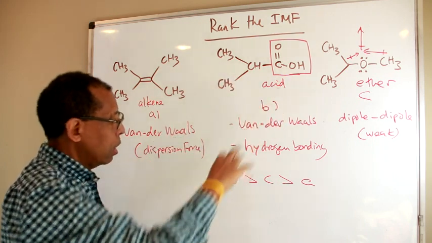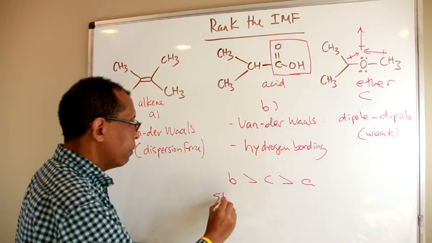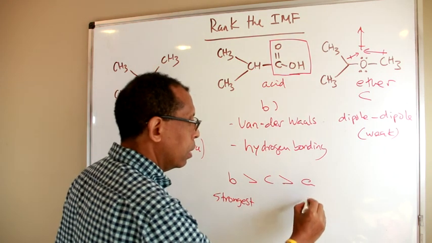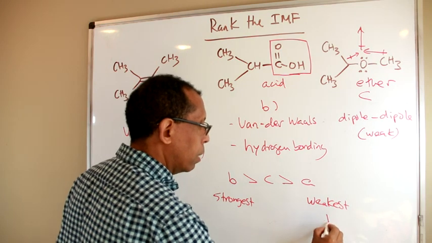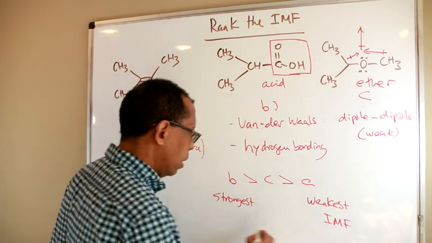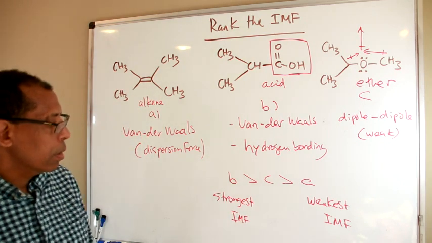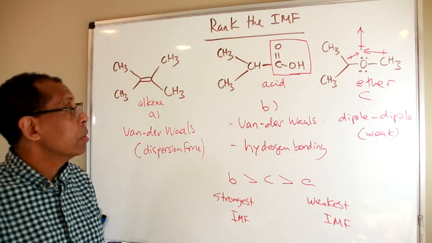Therefore, in the ranking, B is the strongest intermolecular force, and A would be the weakest intermolecular force. So that's how we rank them for this problem.